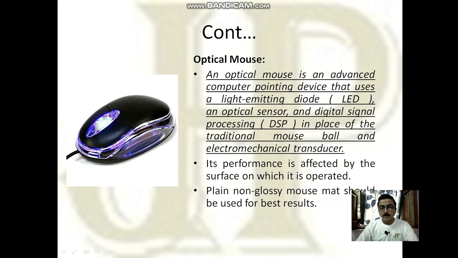Its performance is affected by the surface on which it is operated. That's why generally a plain non-glossy mouse mat should be used for best results. But nowadays an optical mouse can be used without that mat.